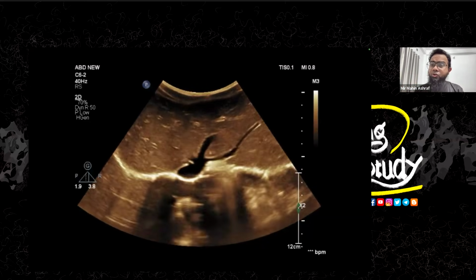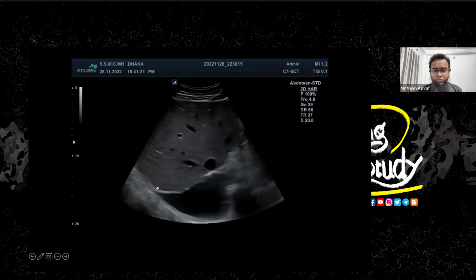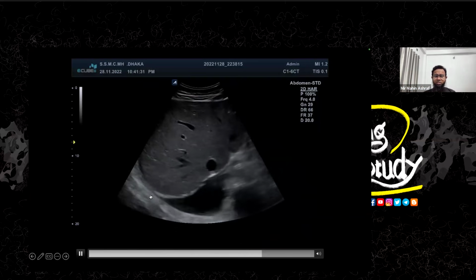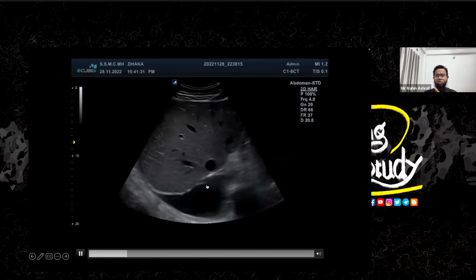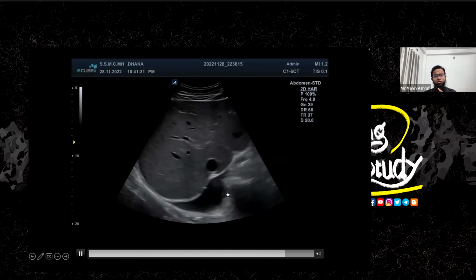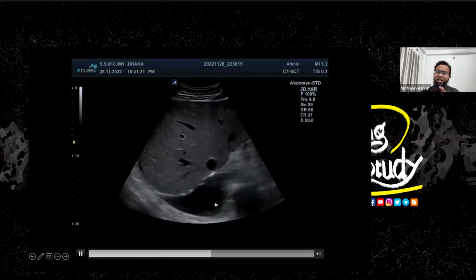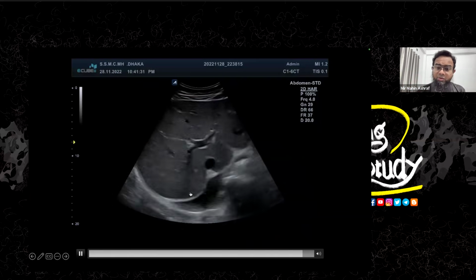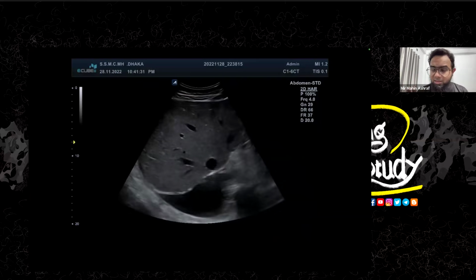So let me show you a case of pleural effusion. Now you see my visceral pleura has got removed from the diaphragm. So now here is a pleural effusion and I can see the pleural effusion because there is no more mirror here. Now it is appearing as a glass.